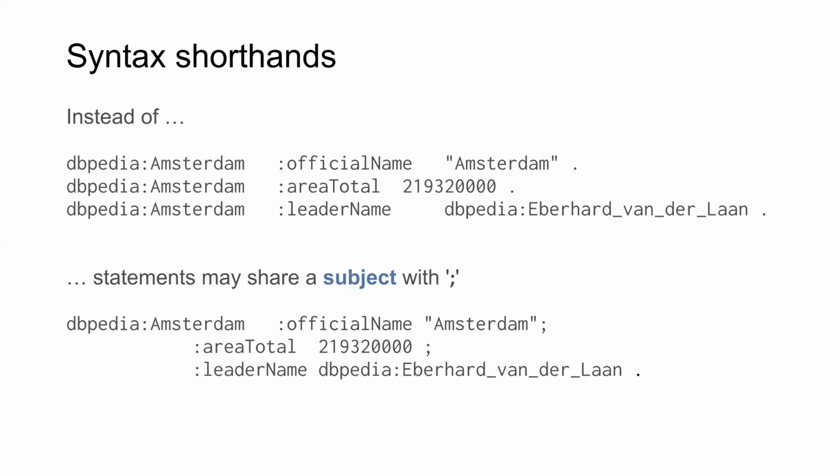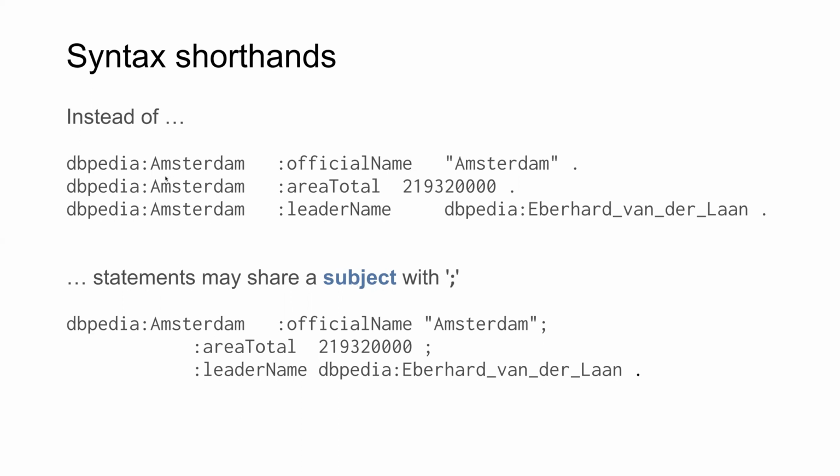Additionally, when you write triples, we have Amsterdam has an official name Amsterdam, Amsterdam has a total area of 21 million square meters, and Amsterdam has a leader name Eberhard van der Laan. This is also actually outdated. What you can do is use a semicolon when certain statements share a subject.